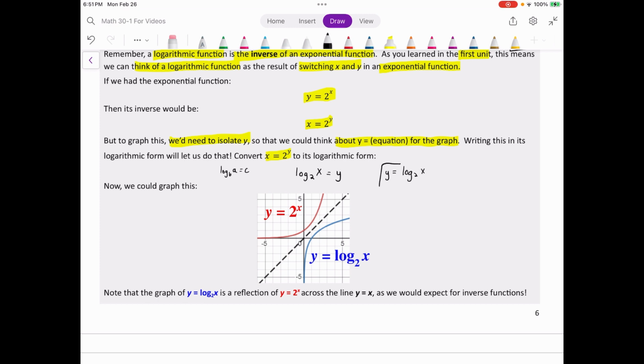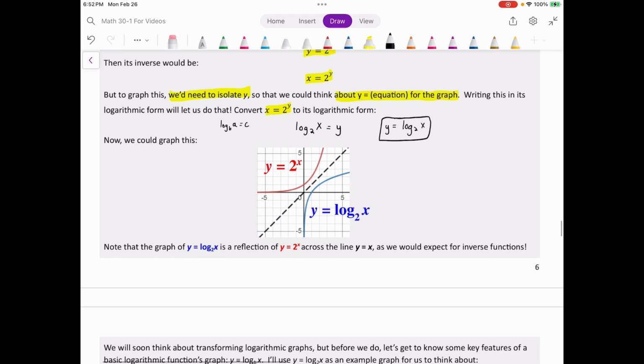So we took an exponential, took its inverse, and then isolated y by converting to the logarithmic form. And this is why y equals log base 2 of x is the inverse function of y equals 2 to the power of x. It's the result of swapping x and y and isolating y by converting to logarithmic form.